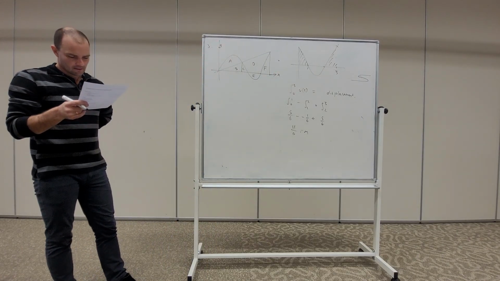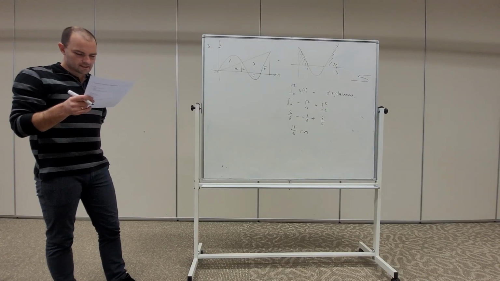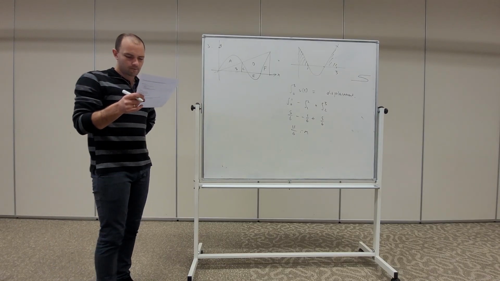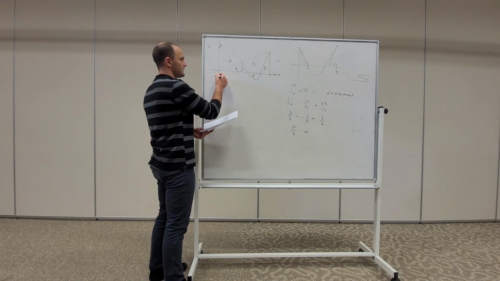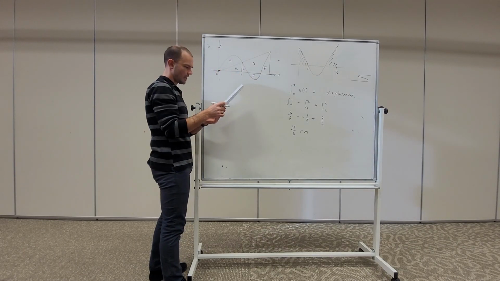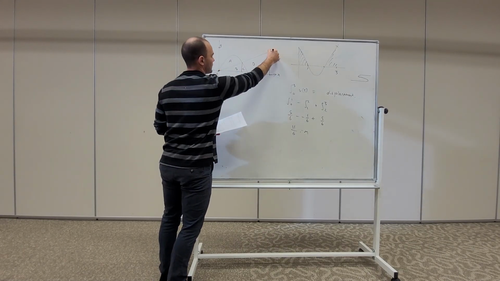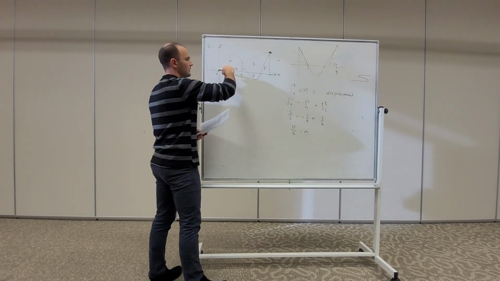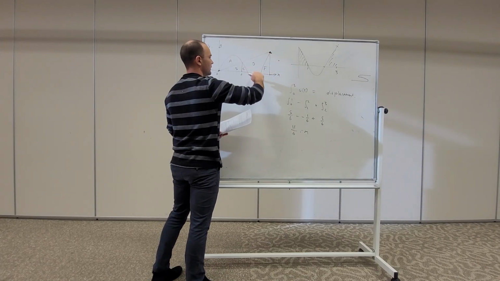The area of each region is expressed in terms of A, B, C, D, E, F. The functions intersect at x is 0, 2, and 5. So the functions being this line and this curve.